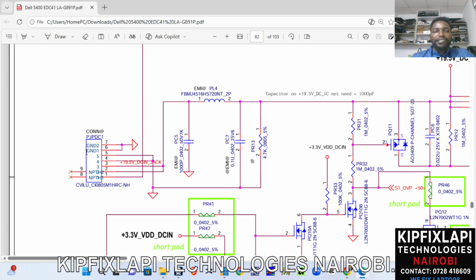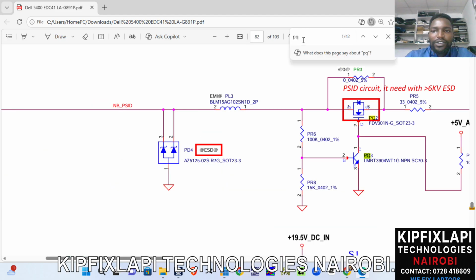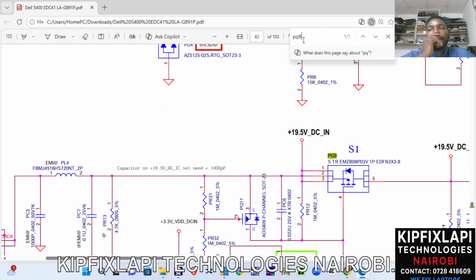When you want to find a specific component or item, for example to access this MOSFET, this switch PQ9, you just come here to the search and write PQ9. When you search PQ9, you'll have the switch here. So this is switch 1.